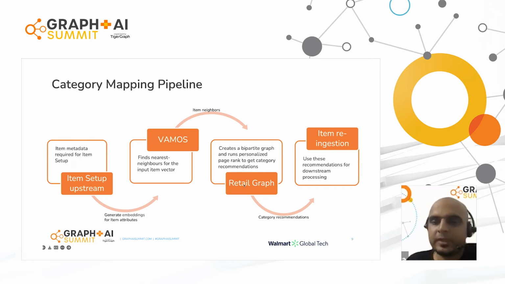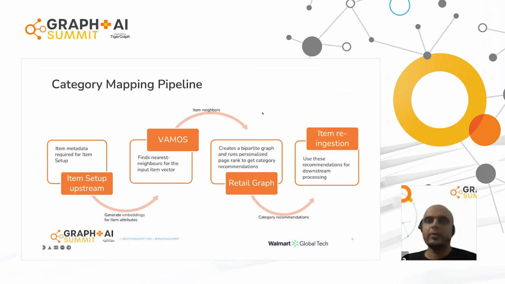Now, within retail graph, we run certain graph ML algorithms to recommend the category mapping for a particular item. Now, post this, those items are re-ingested for downstream processing. So as a whole, this system does the unsupervised way of recommending categories for a particular item.